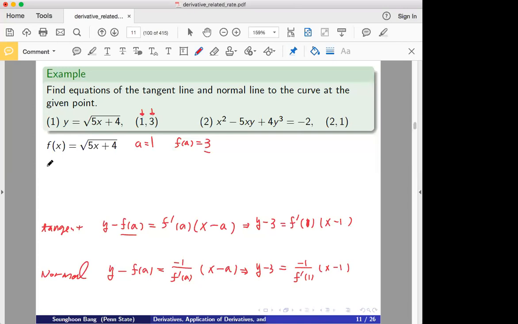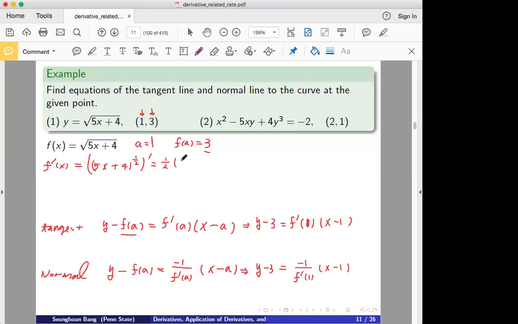First, you find f prime of x. f prime of x is the derivative of the square root of 5x plus 4. You can change the square root to exponential form: 5x plus 4 to the power 1/2, prime. So you can use the power rule and chain rule.